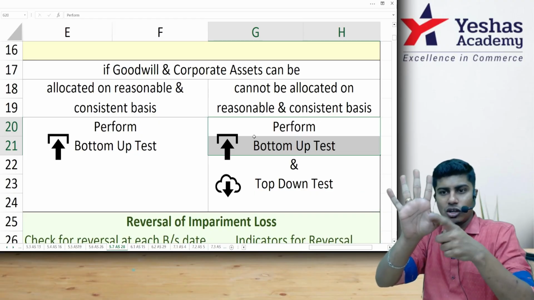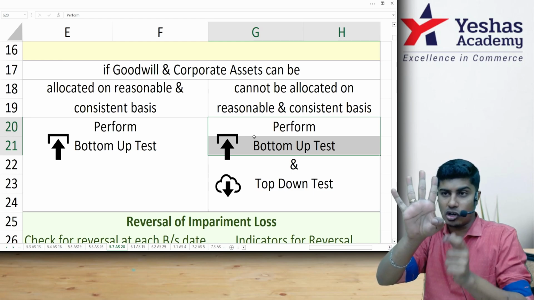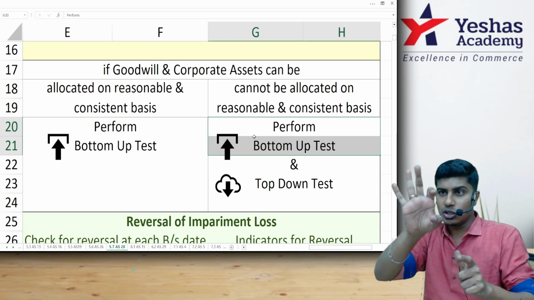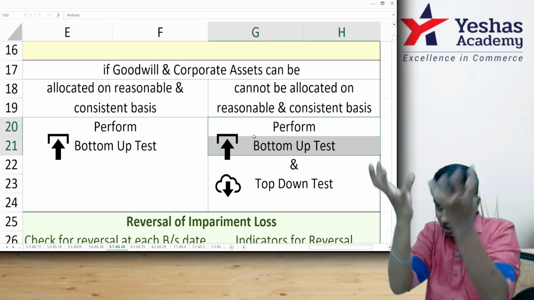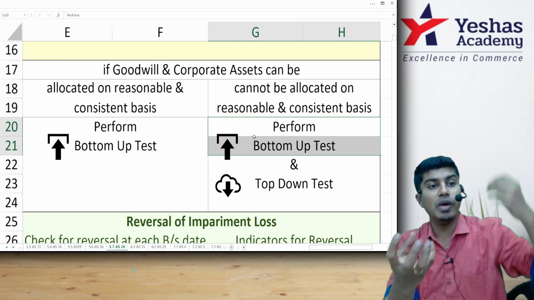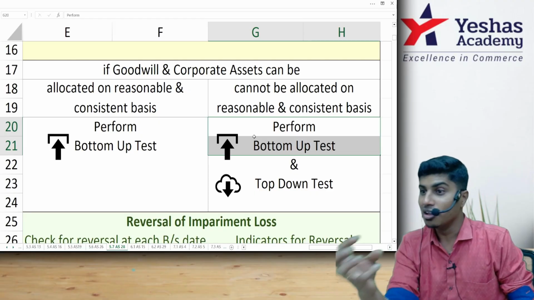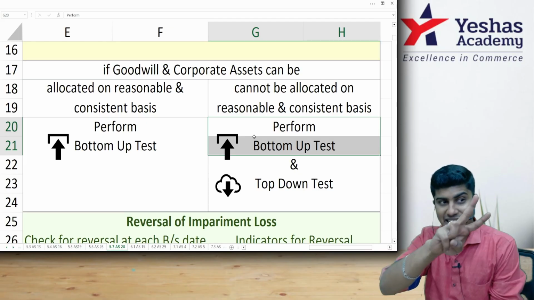So what do we do? Goodwill belongs to all the 5 assets together. For asset number 1, do the bottom up test. Then take the revised carrying amount after impairment loss of asset 1. Then asset 2, 3, 4, 5 together you take. Add goodwill to it. Total CGU is there, no? Larger CGU. That entire CGU's value in use and NSP you find. Compare it with the carrying amount and find the impairment loss, a second time.